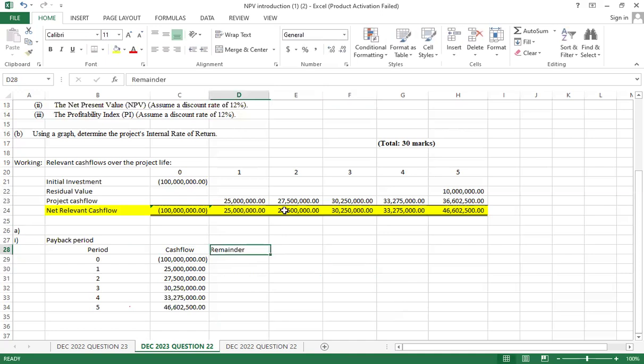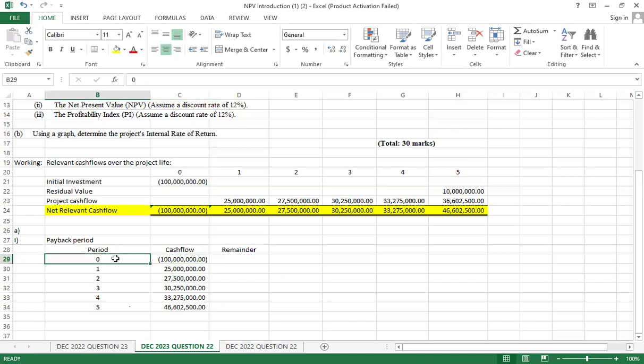And by remainder, what do I mean? The payback period is the period that a project takes to recover what you invested initially. What we invested initially is this 100 million, in period 0.